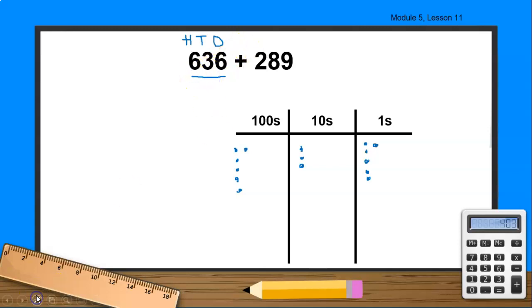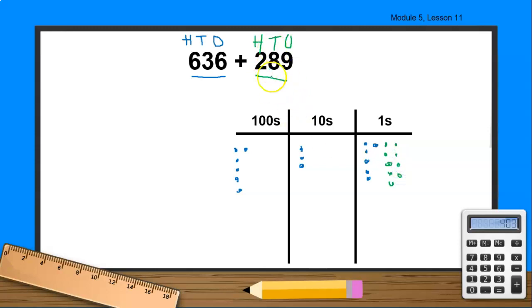Now I'm going to model the second addend. Let's look at it. The second addend is 289. I have 9 ones in the ones place, so I draw 9 ones. 1, 2, 3, 4, 5, 6, 7, 8, 9.